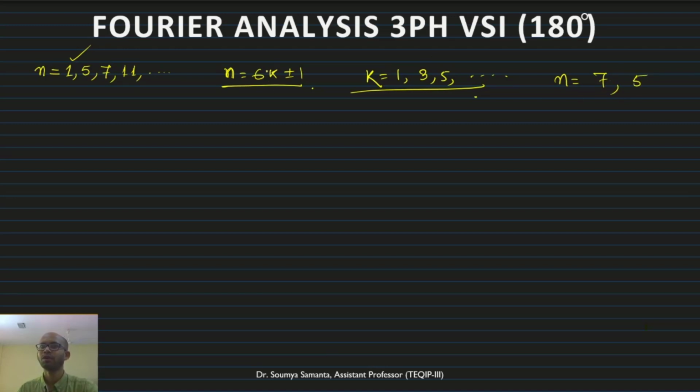Consider 3: 18 plus 1 and 18 minus 1, that is 17, 19. This way.